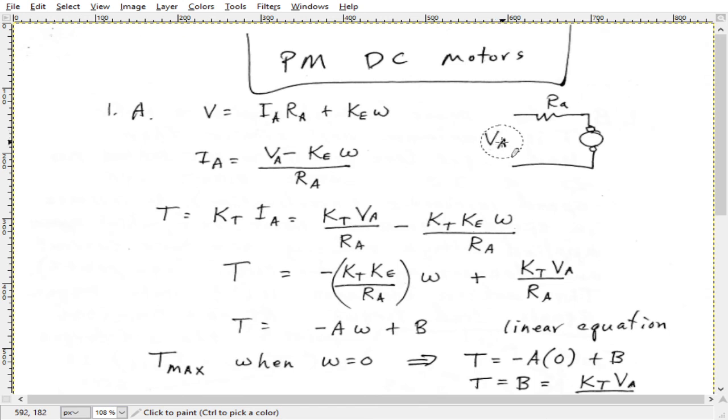Well, it's just equal to VA squared divided by 4 times RA. This is the same thing that we did in our radio communications when we wanted to figure out how much power we could extract, and we also did it in our electrical power systems course.